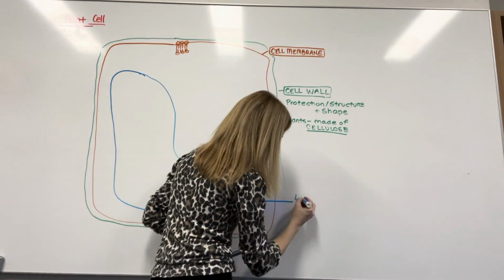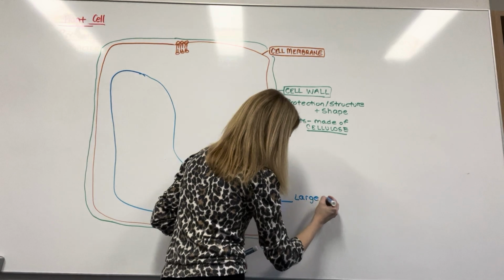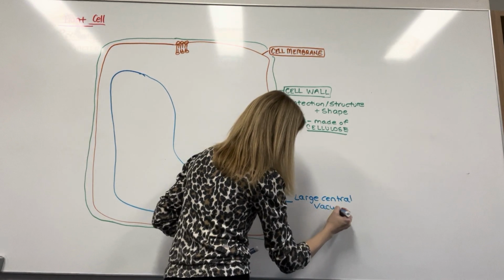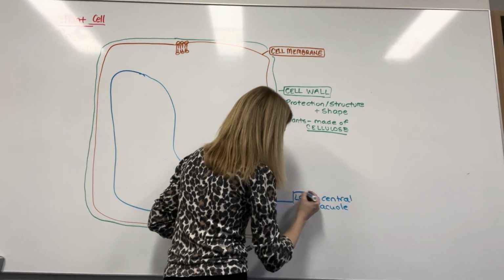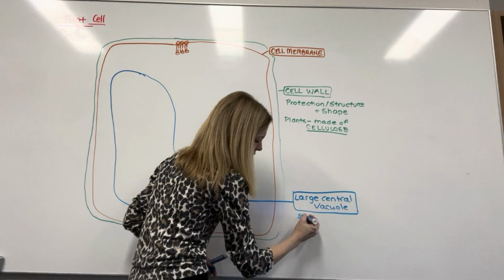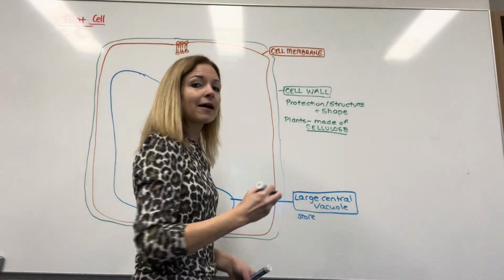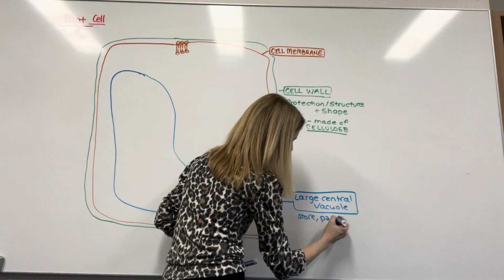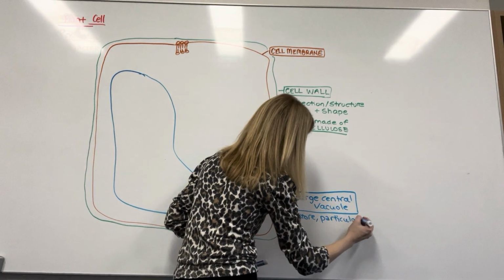So that is going to be my large central vacuole. And it also can store other things. So it can also store water, food, waste, things like that. But it stores all of the things, particularly lots of water.